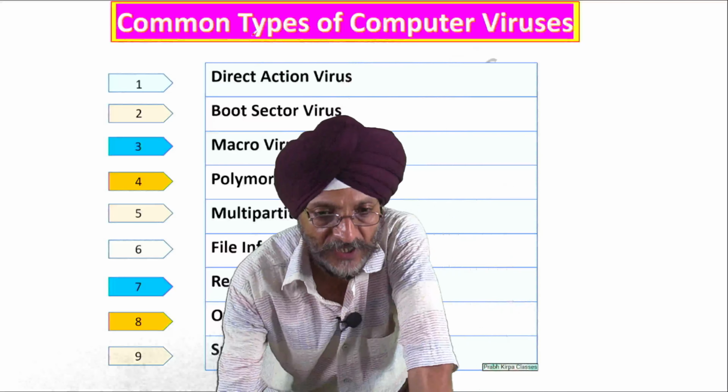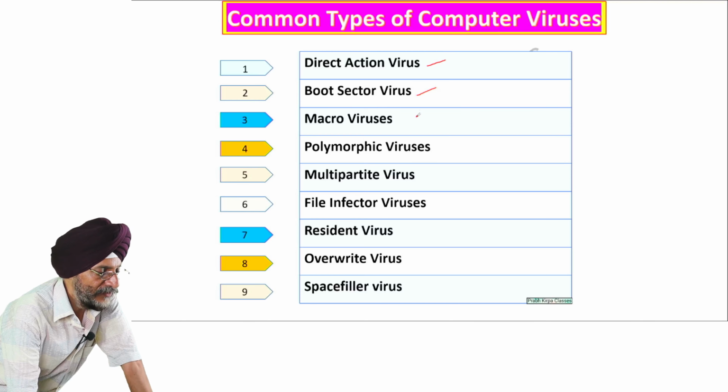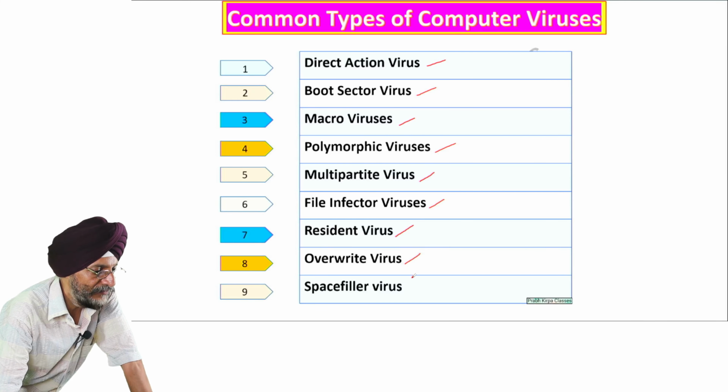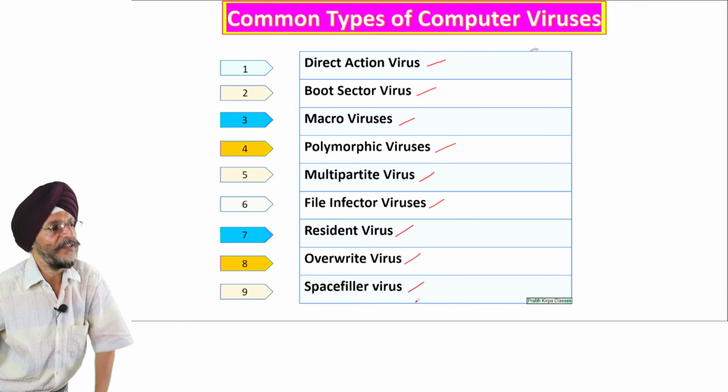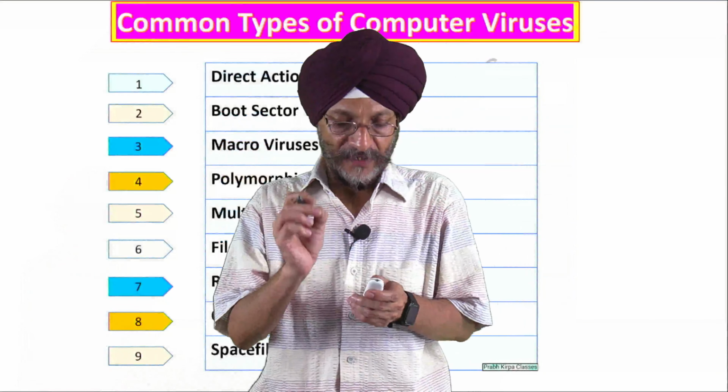Some common types are direct action virus, boot sector virus, macroviruses, polymorphic viruses, multipartite virus, file infector viruses, resident virus, overwrite virus, and space filler virus. We will discuss each of these viruses one by one.